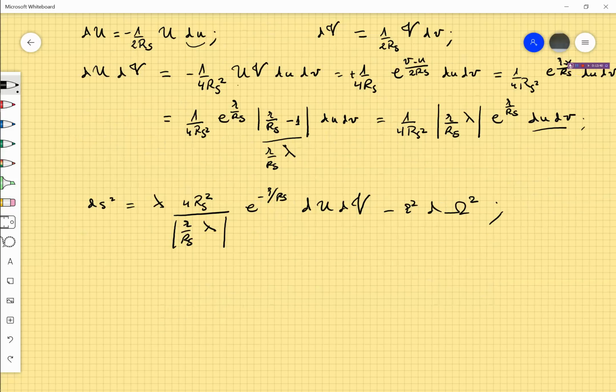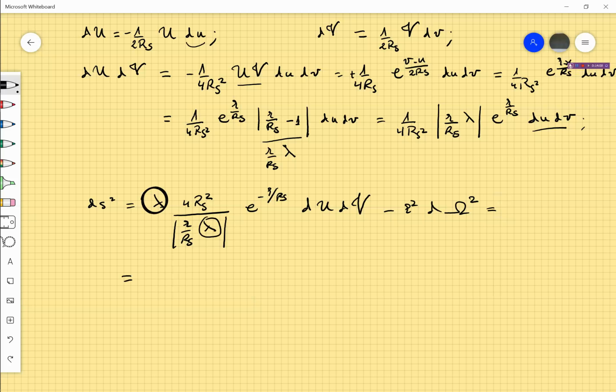We could have lived with this U and V there, but it is better to go back to this r, because then we will show explicitly that this metric is regular at r equal rs. In fact, you see already that this lambda and this lambda will cancel, they only give you a sign. So we keep calculating.